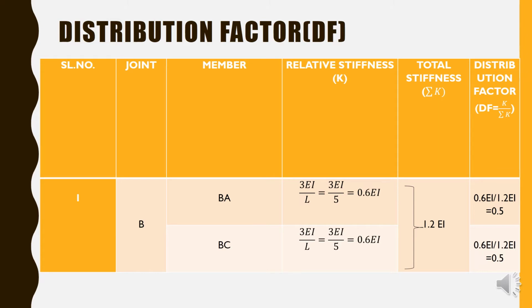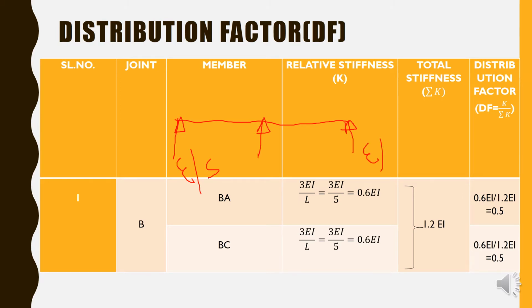Now to calculate the distribution factor: this is a two-span continuous beam, with support C, support B, and support A. In this beam, A is an end support, and C is also an end support.